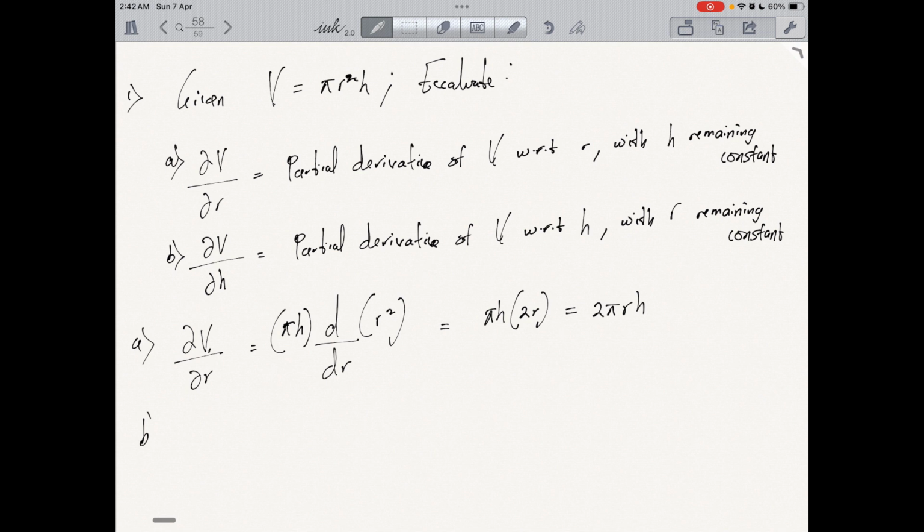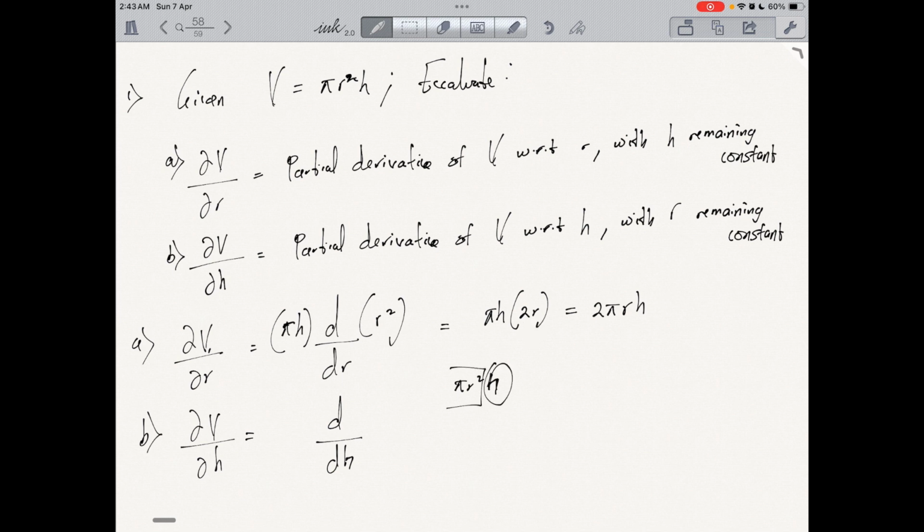Similarly, dV/dh, we are differentiating with respect to h with r remaining constant. So every variable aside from h will be assumed constant. Since we have pi r squared h, h is the variable we are differentiating.